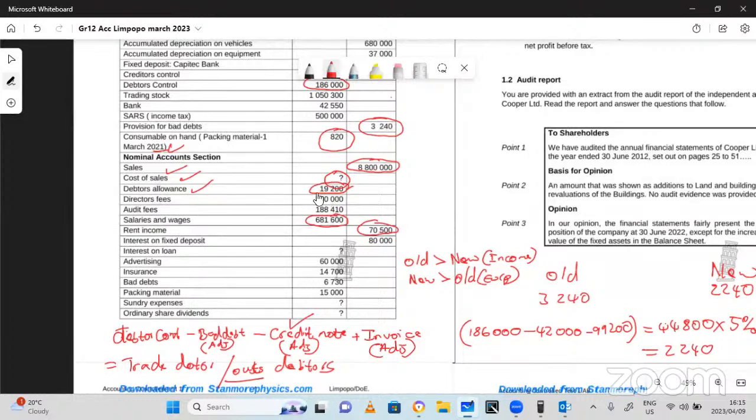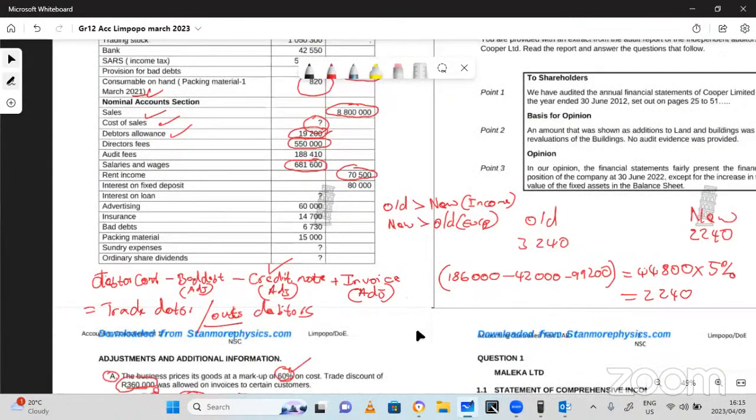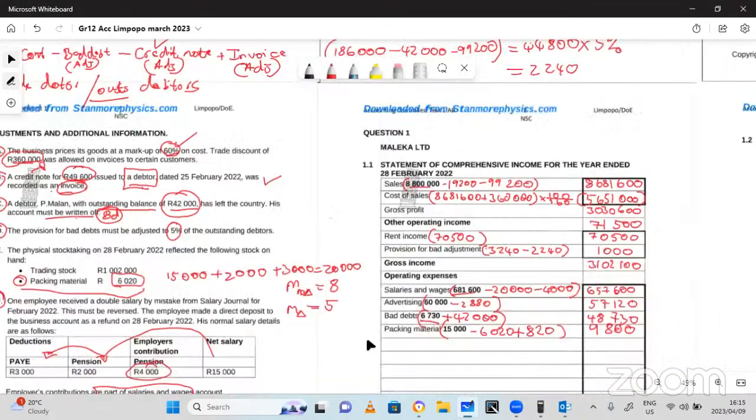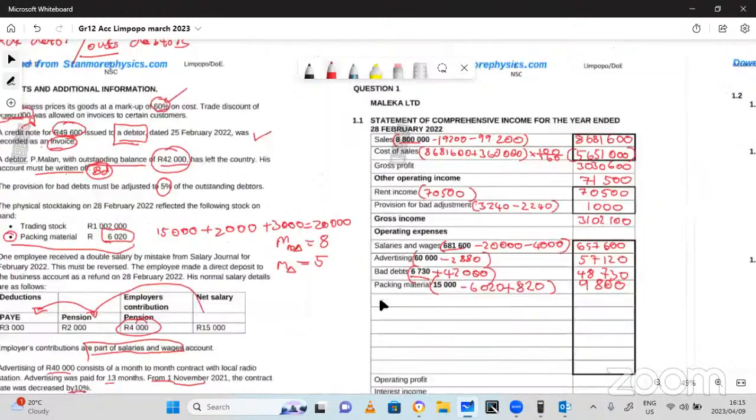So our director's fees here are 550,000. We need to bring them down. While I was reading through the transactions, I didn't see anything about the director's fees, so we are going to take them as they are: 550,000. Sorry for the writing.